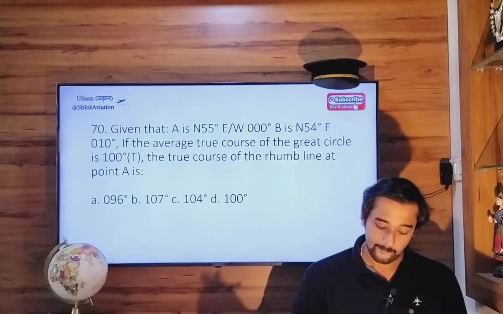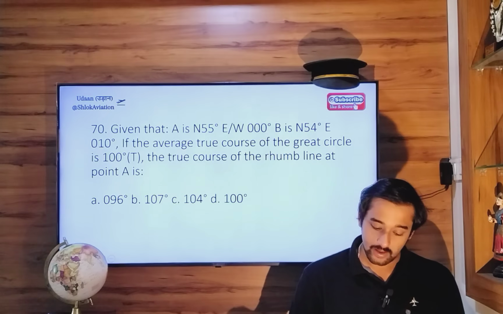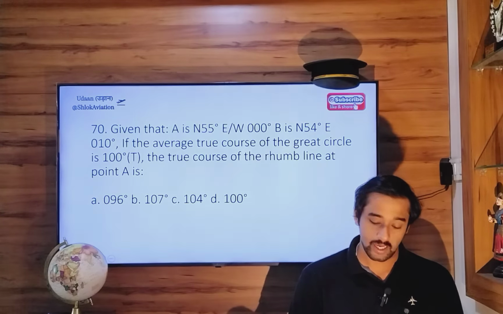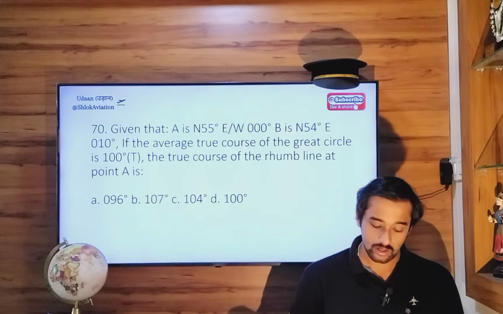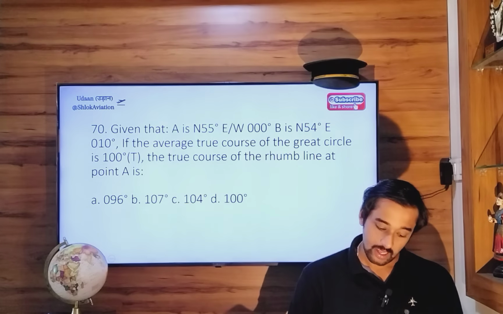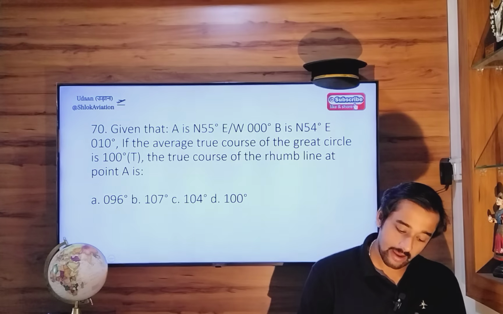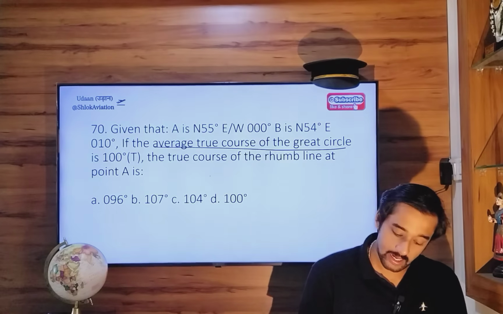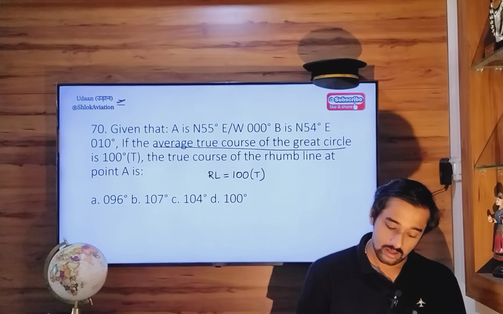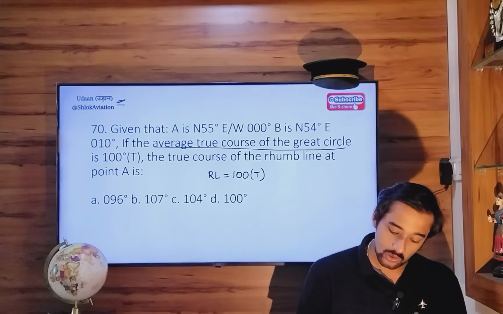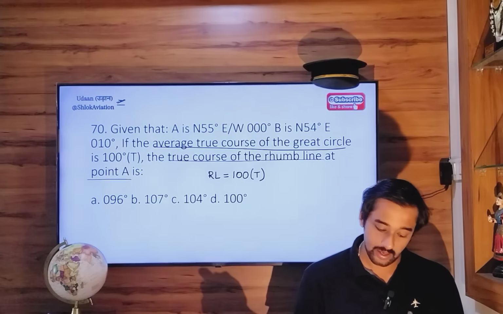Question 70. You are at position A, 55° north latitude, prime meridian. B is at 54° north latitude and 10° east. If the average true course of the great circle, now average great circle means they are indirectly telling you the line direction, is 100. What is the true course of the rhumb line at point A?